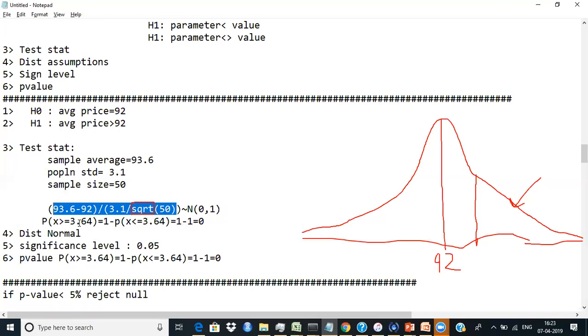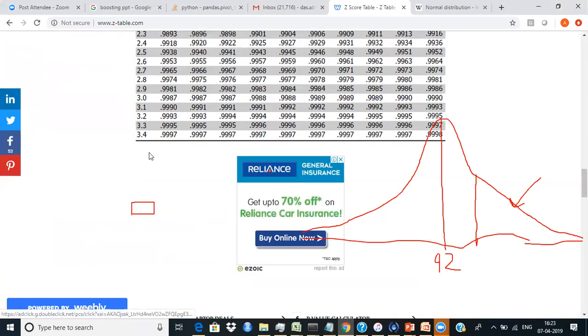You calculated 3.64, and you look for 3.64 in this axis of the Z table. But what is it called? These are values of the normal distribution.